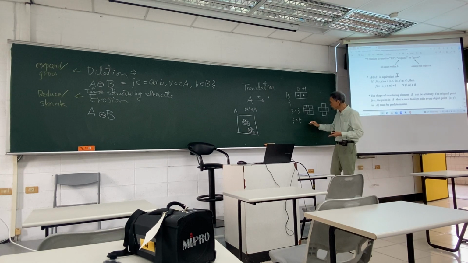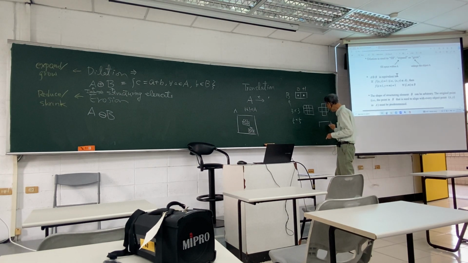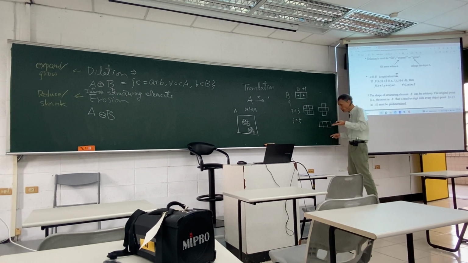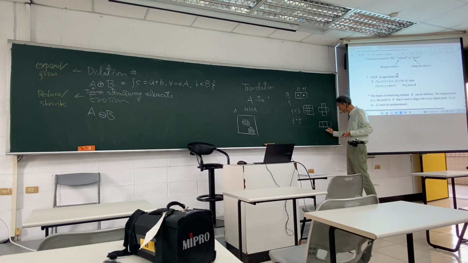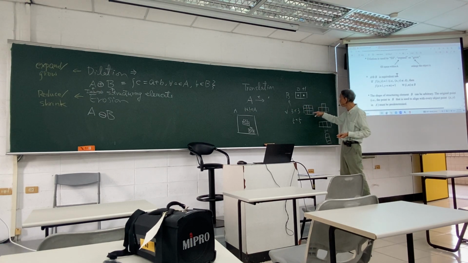Or for some case, we use 2 structural elements, one horizontal and the other one vertical. Okay, but this is the most of the case, 3x3 or a cross here. Okay, we'll do the expansion.